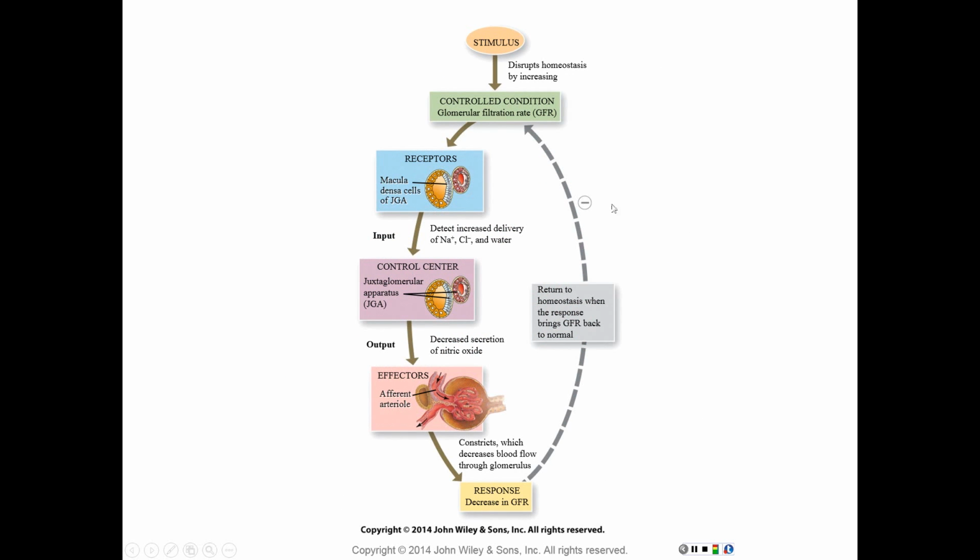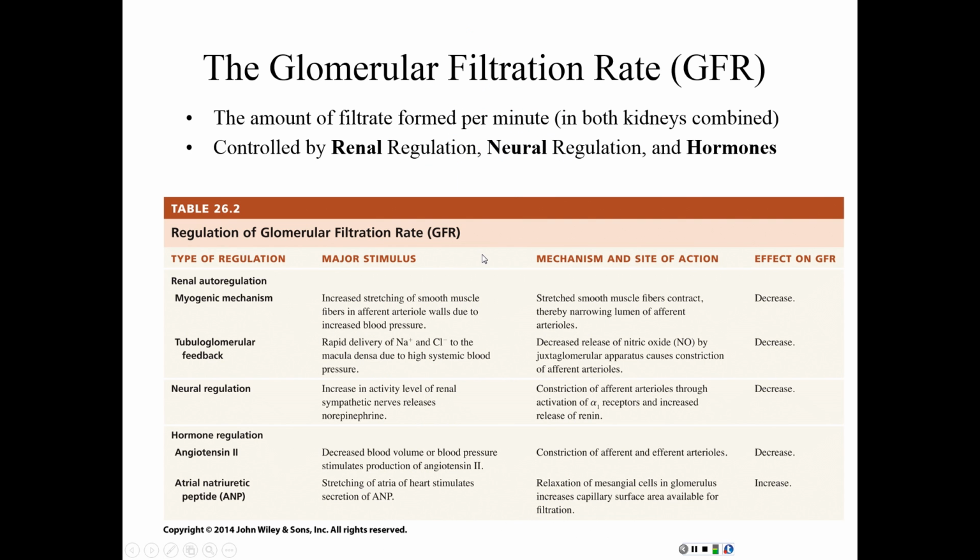I put this in here because it is part of the pictures in the book, and it points out some important cells that affect how we control glomerular filtration pressure, and we're going to talk about them now. You'll notice the macula densa cells, the juxtaglomerular apparatus, and the factors and effectors within the afferent arteriole. All of those are going to be factors that affect glomerular filtration pressure and glomerular filtration rate.